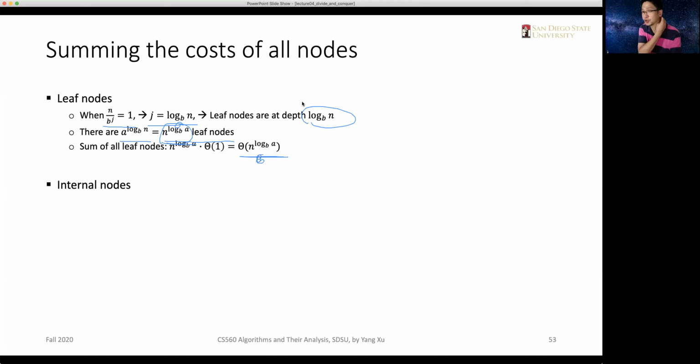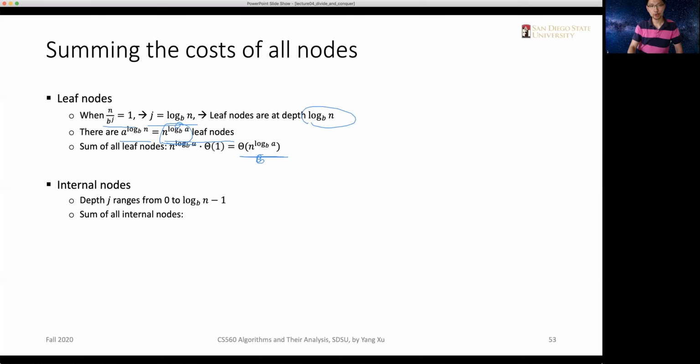And for the internal nodes, we mean everything above the leaf nodes. They have particular values associated to each node, which is a to the power of j times f of n over b to the power of j. The depth ranges from 0 to the level above the leaf node level.